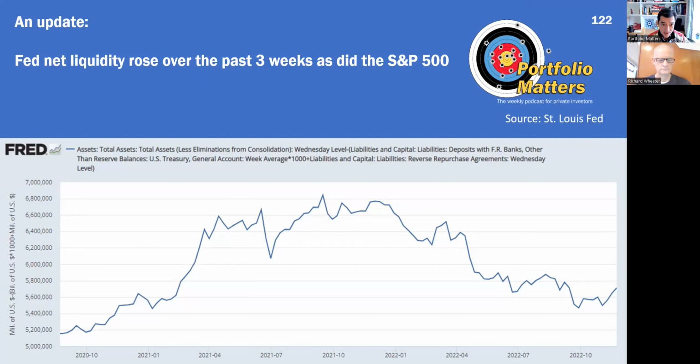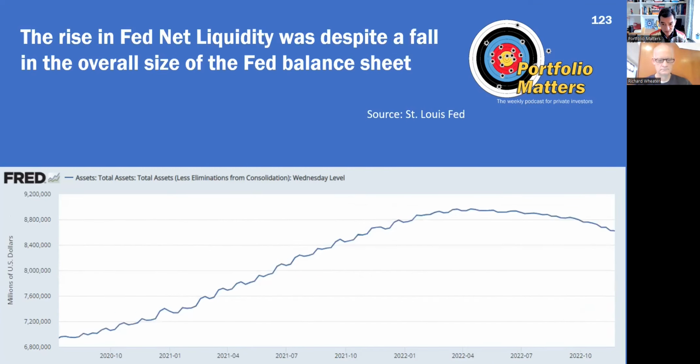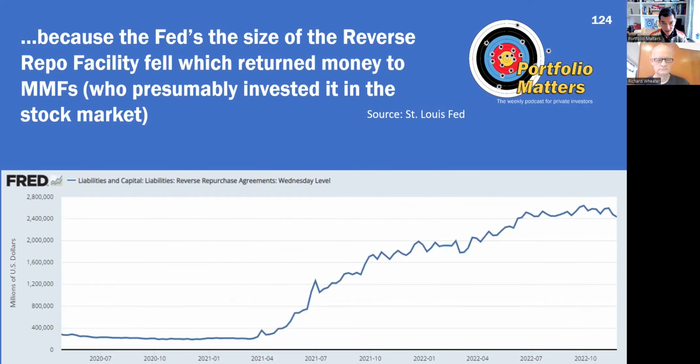How has it performed? Well, over the last 3 weeks, net liquidity has risen. And that is despite a fall in the Fed balance sheet. And it is because of a decline in the reverse repo facility.